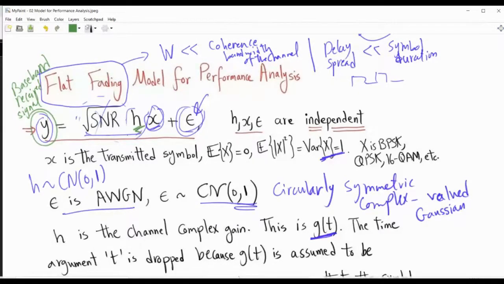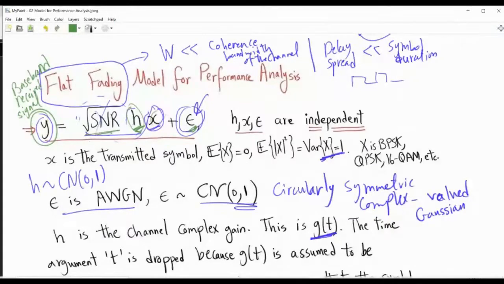It's a flat fading model. I do not need a summation or integral or anything. Basically, there is a channel here which is just a random variable under our assumptions. There is additive Gaussian noise, and we take CN(0,1) for this and for H, and X is from a constellation. We take everyone to be zero mean with a variance of unity.